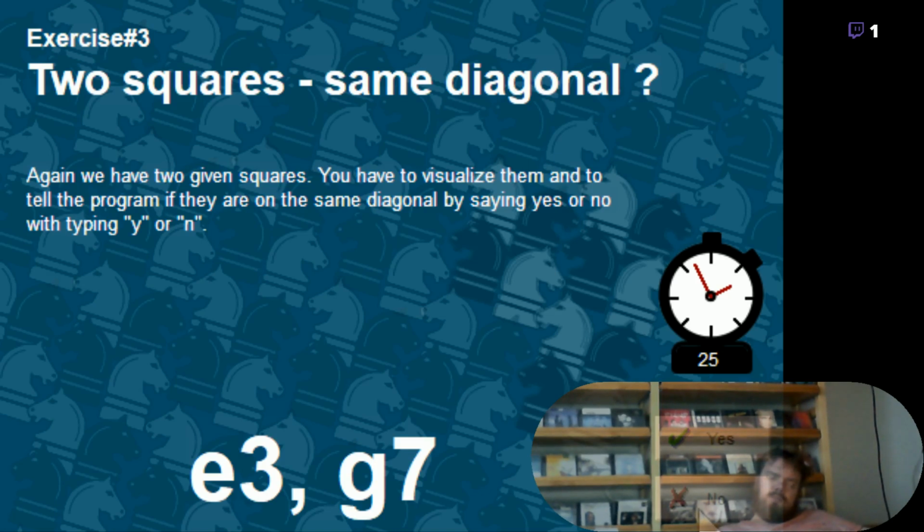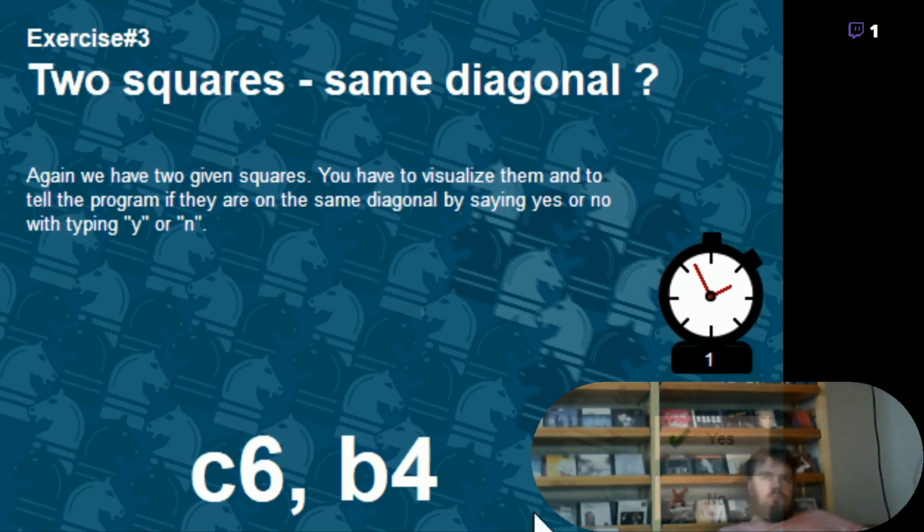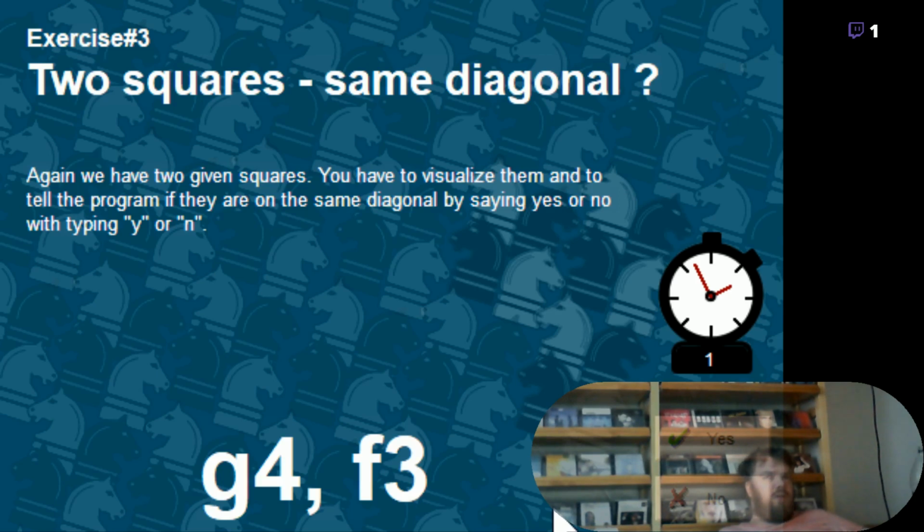E3 leads to C1 and H6. So that would be in the same diagonal with G5. So that would be no. No, this is the horse jump, knight jump. Okay, so I can rationalize that they are on diagonal.